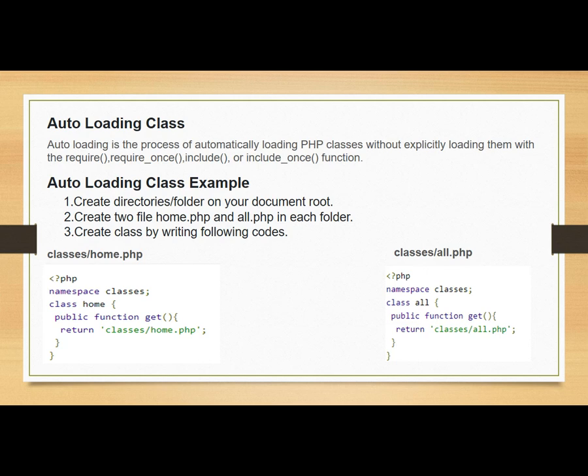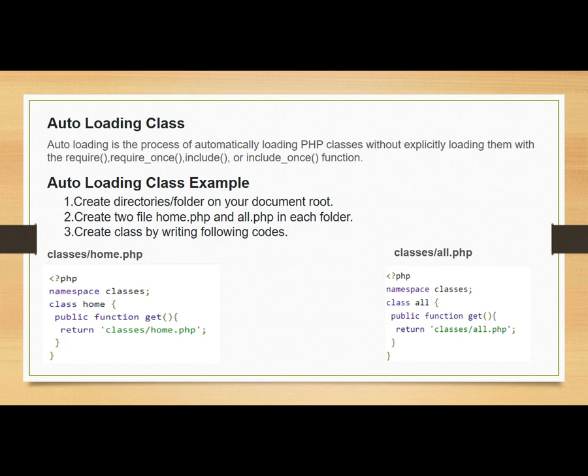Autoloading class is a type of procedure in which all the classes will automatically load without calling special functions like require, require_once, include, include_once, etc. No need to write these functions for invoking other files. That is the functionality of autoloading class.